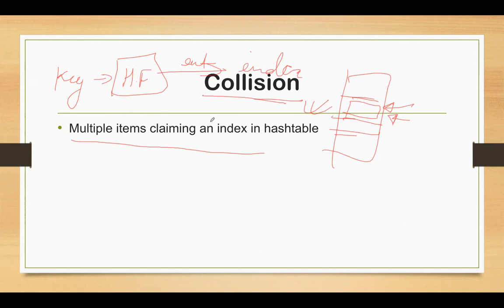There are multiple ways to handle collisions. One is, if we are getting collisions very often, then we need to alter our hash function. If the hash function is good, then we can move the multiple data coming into the same index to different indexes in the hash table.